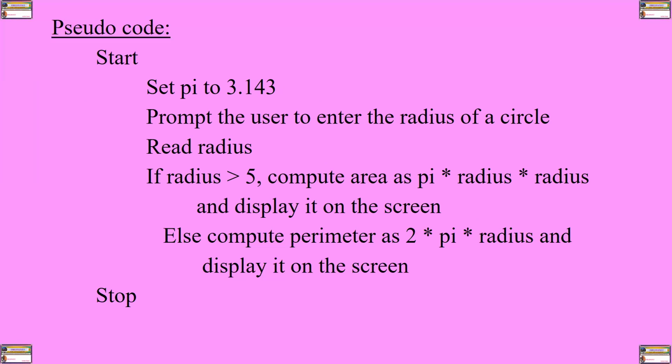But if the value in the memory location called radius is not more than 5, then the processor will compute the perimeter of the circle and display it on the screen, and then you end. So that is pseudocode. That's how you write pseudocode, a sample pseudocode for a program that implements the if-else control structure.